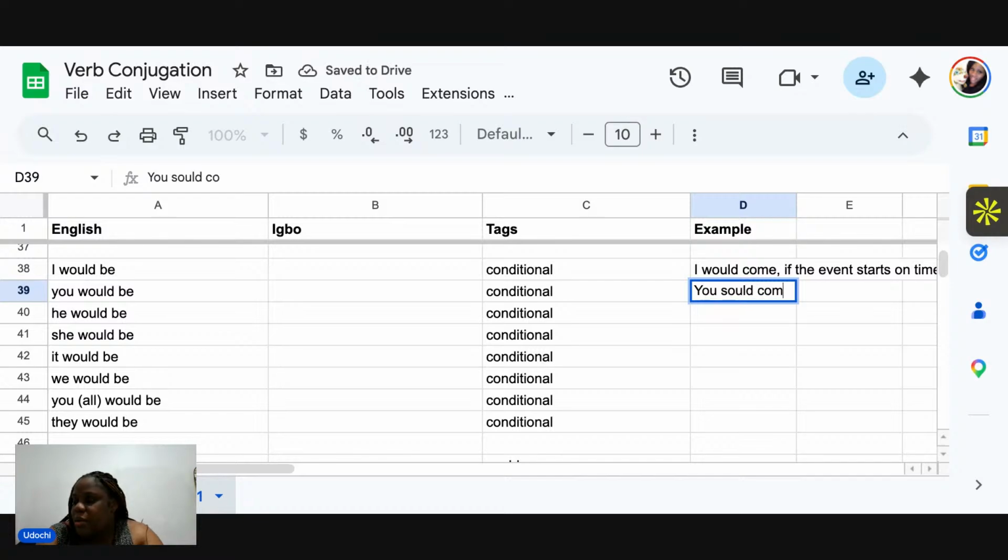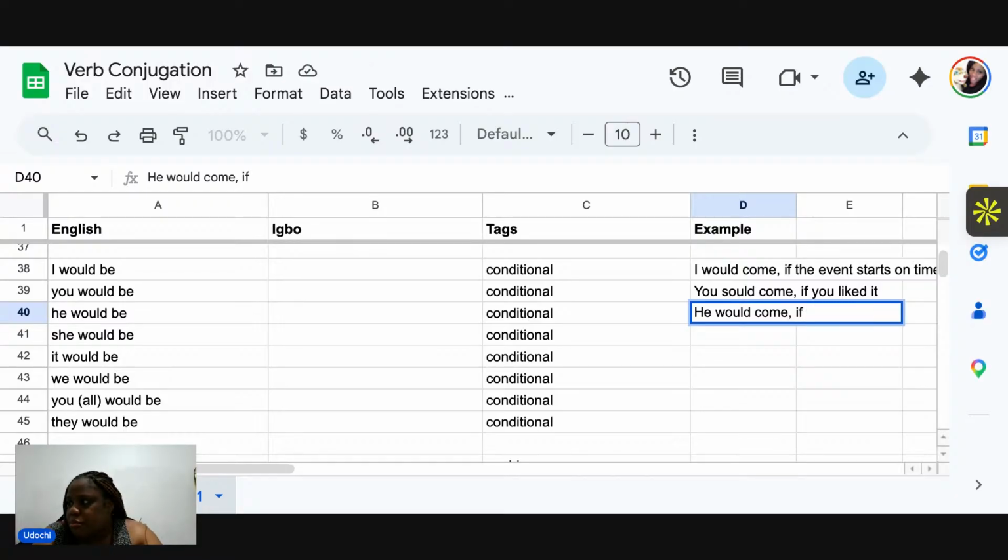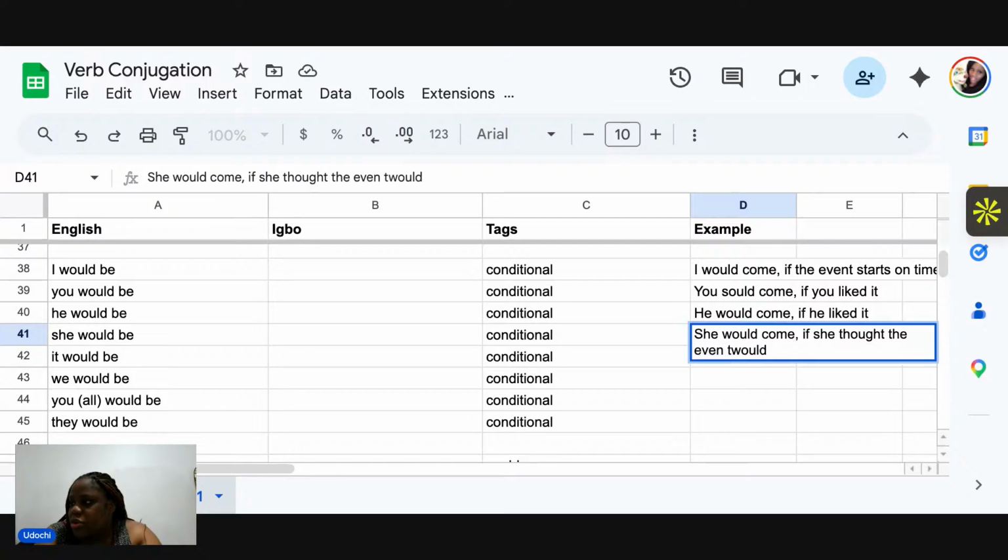You would come if you liked it. He would come if he liked it. She would come if she thought the event would start.